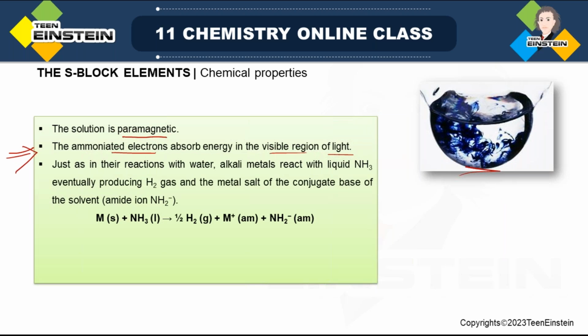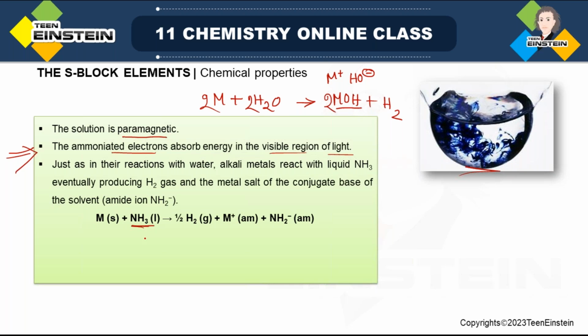Now there is some similarity. Remember, when metal reacts with water, what happens? We get MOH and we get hydrogen. If you balance it, it will be 2 MOH and 1 H2. The salt that you are getting is hydroxide; there is actually hydroxide ion present.